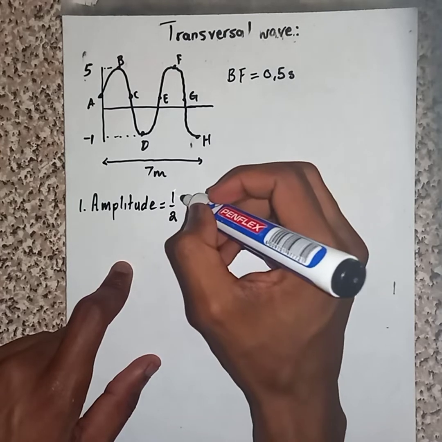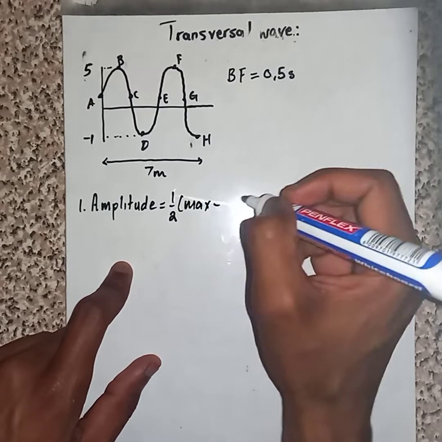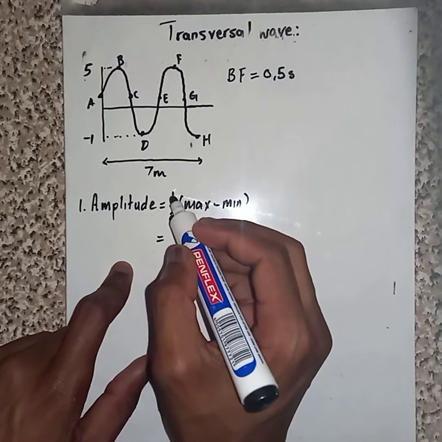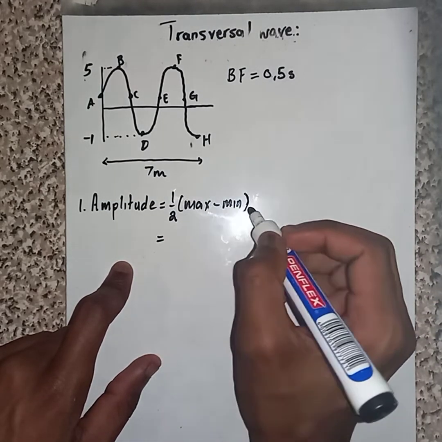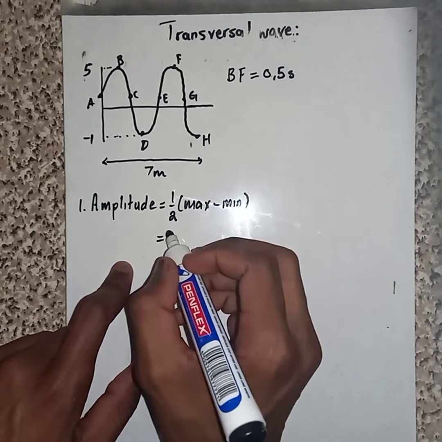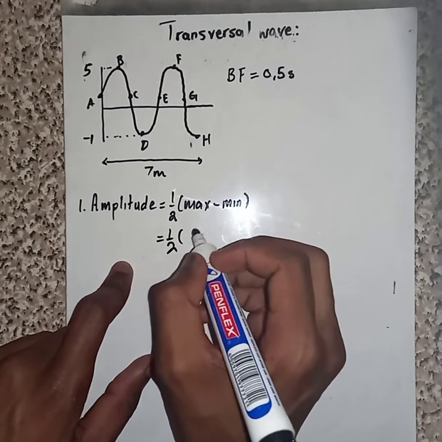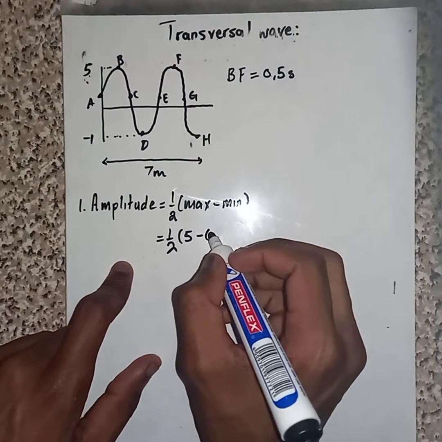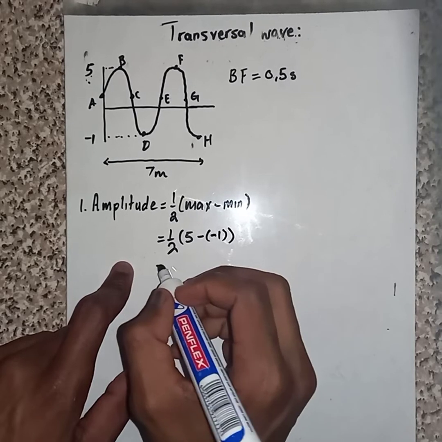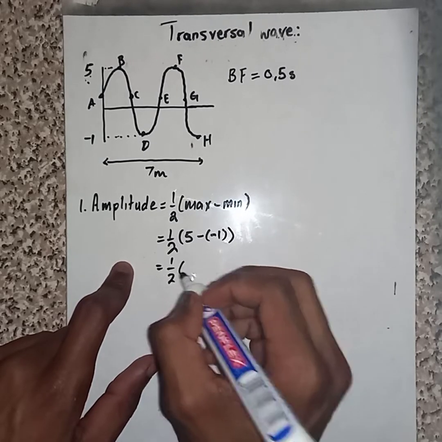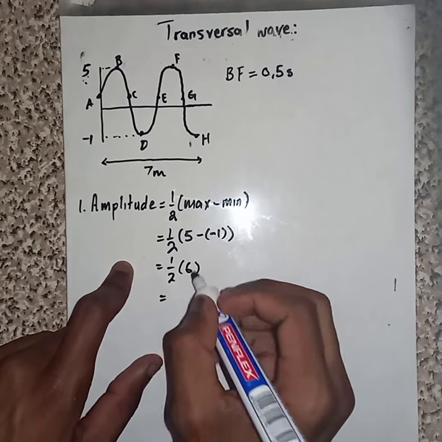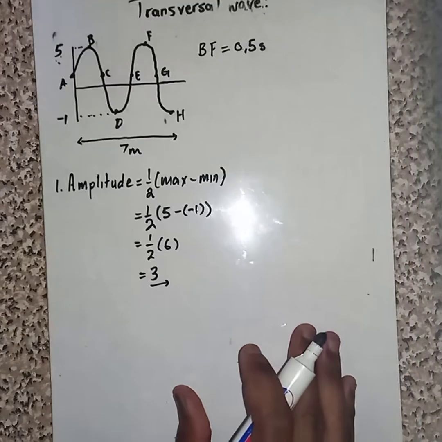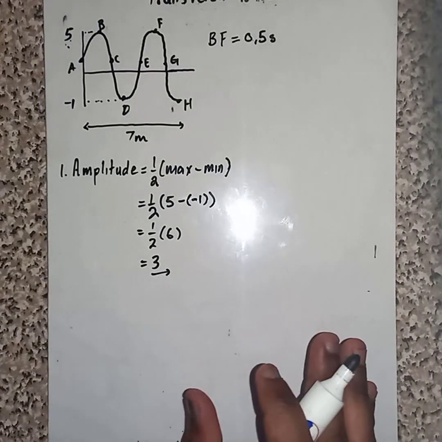We always use this formula, maximum minus minimum divided by 2, which is 1 over 2, open bracket, maximum minus minimum, where maximum is 5 minus -1, which is going to be 1 over 2 times 6. Half of 6 is 3. Done. You see, this one wasn't that difficult.